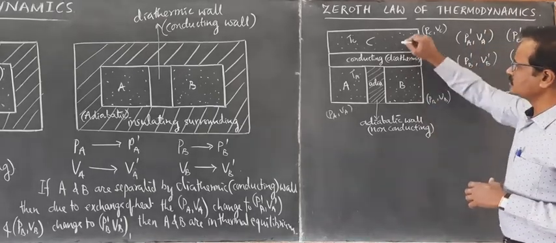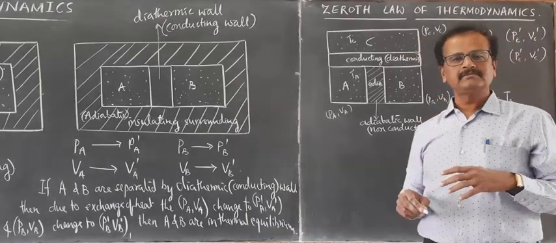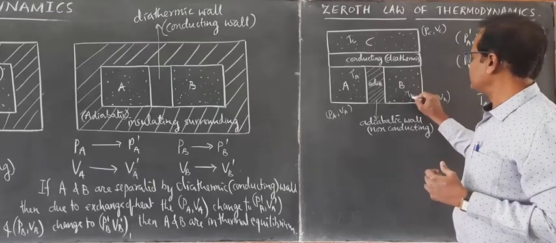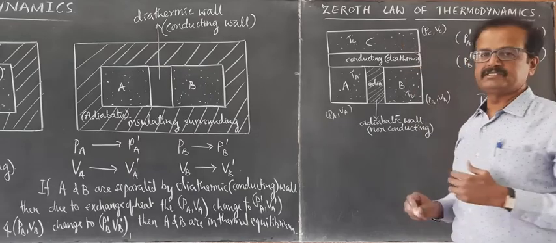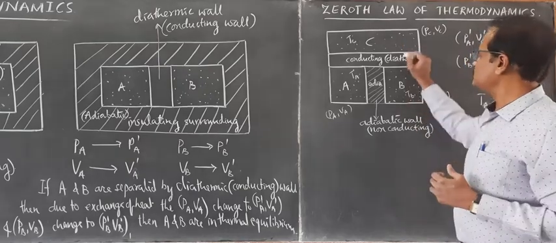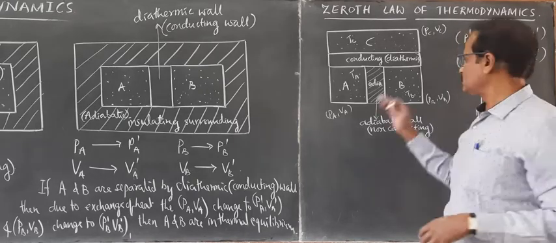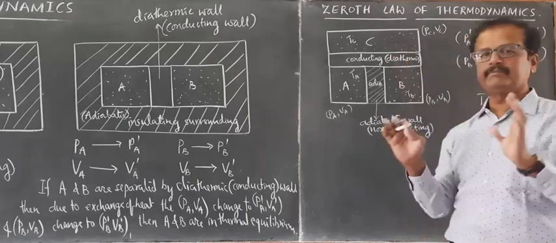Similarly, B is also separated by a conducting wall with respect to C. In this case, if it is TB and TC, B and C are going to attain thermal equilibrium when the temperatures of B and C become equal.